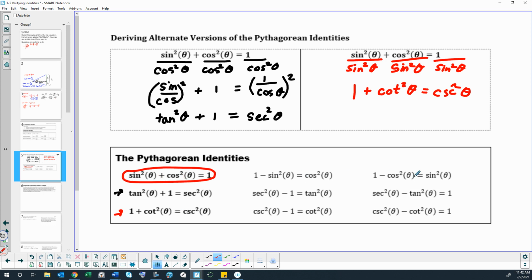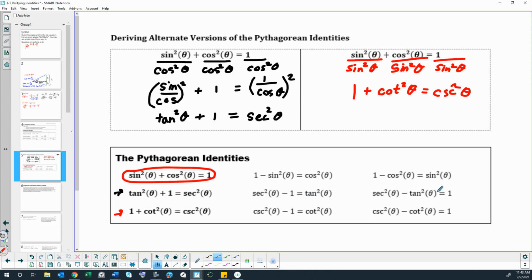Now, I don't know if you've noticed what's happening on these others. All it is is taking this established identity and moving stuff around. This one is just subtracting the sine squared from both sides. This one is subtracting the cosine squared from both sides. This one is subtracting the 1 from both sides.